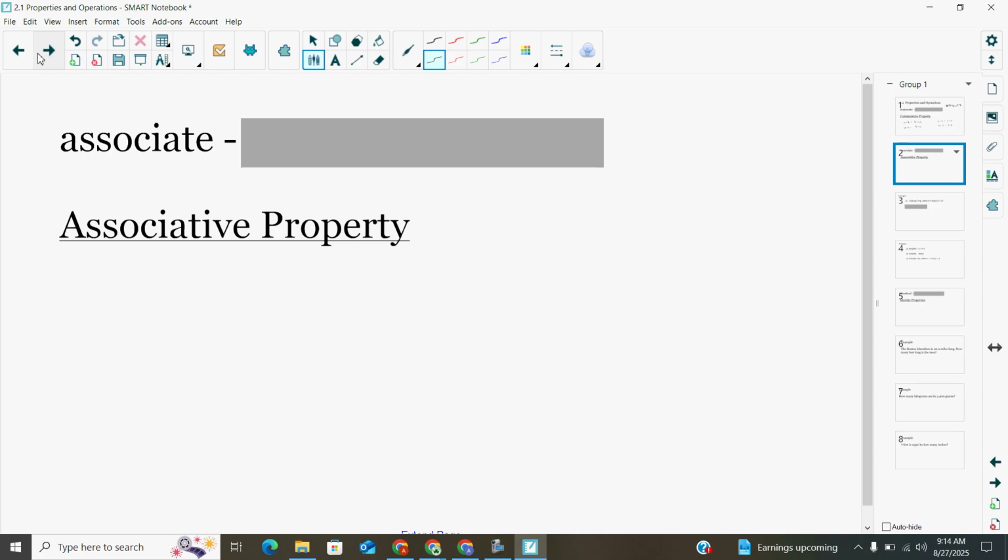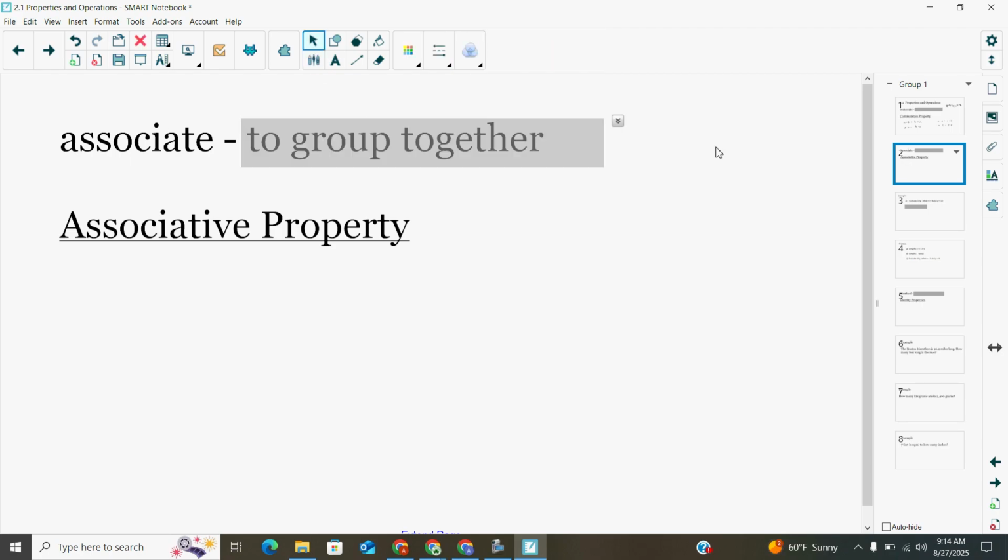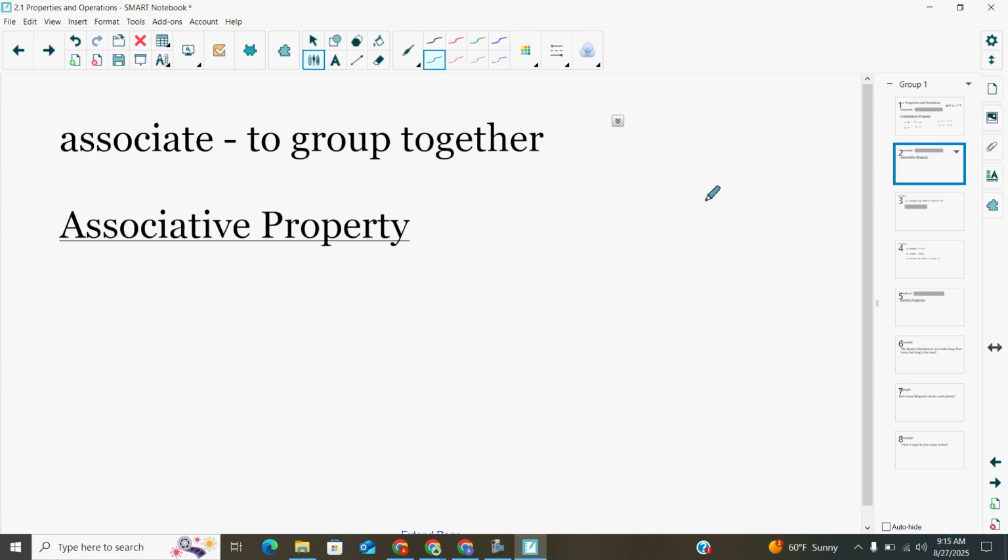What about associate? The associative property. To associate with someone is to group with them. Your associates are the people around you. The word associate means to group together.